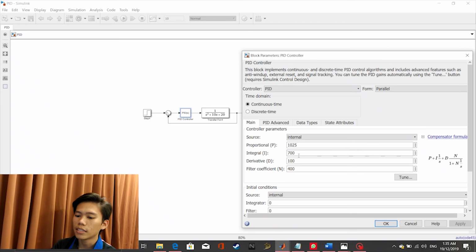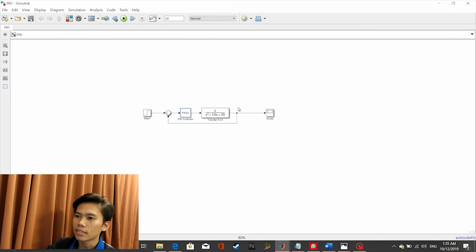From these values we can conclude that the P can reduce rise time and steady state error. I can eliminate steady state error and increase overshoot, and D can reduce overshoot. So after we run, we get this graph.